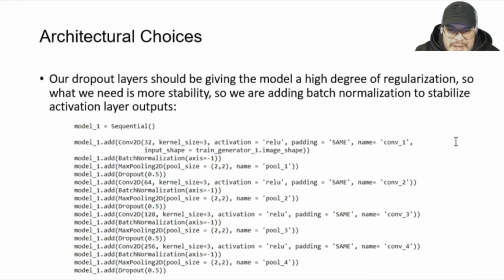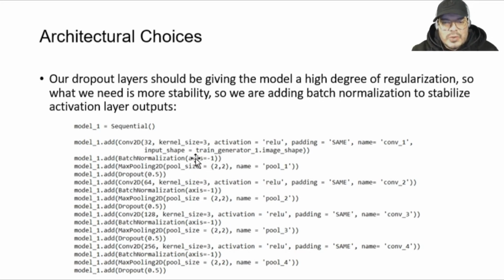So our dropout layers should be giving the model a high degree of regularization. So what we need is more stability. We're going to try batch normalization to stabilize activation layer outputs. So you see after these convolutional layers with ReLU activation, we're going to add batch normalization.